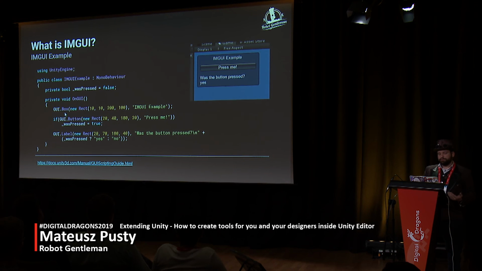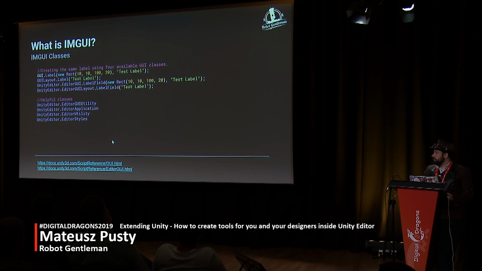So the box is created. It produces this neat box with the label IMGUI example. We can provide the position and dimensions of this box. We have a button that, if it's clicked, sets wasPressed to true, and a label that prints if this button was or wasn't pressed.